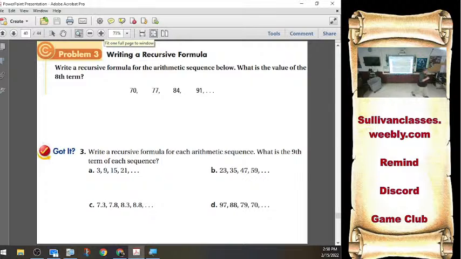Let me double check. I want to make sure I'm in line with the other classes. That's how you're supposed to write it. But I think this book might dumb it down.